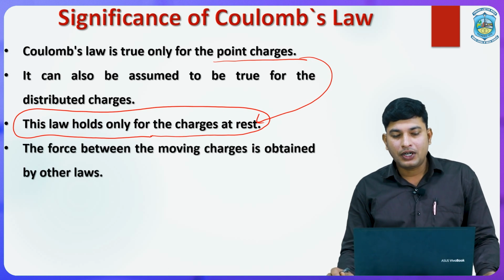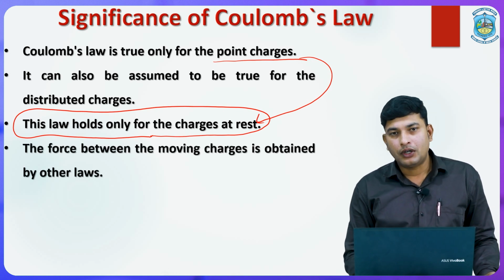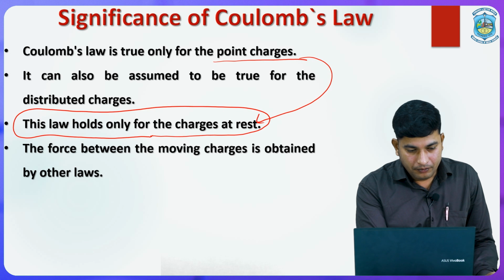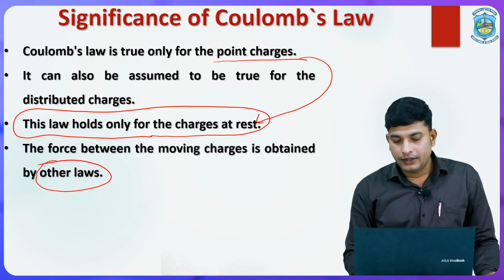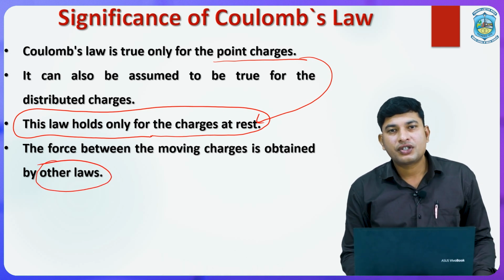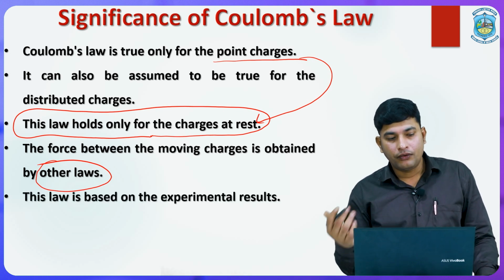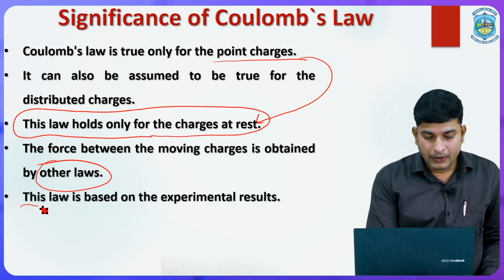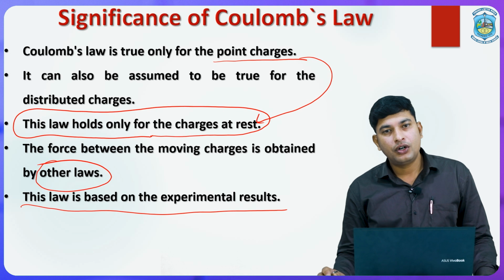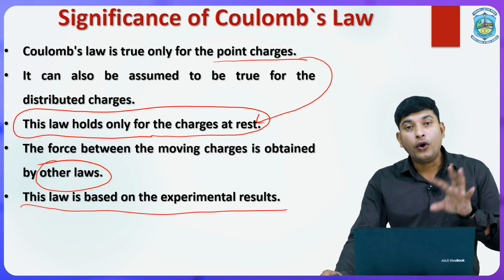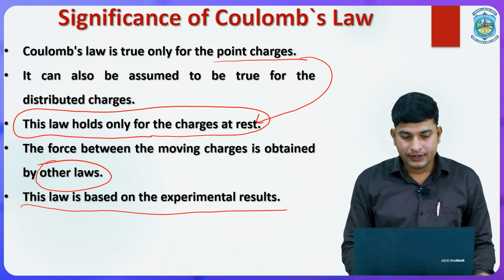The force between moving charges is obtained by other laws. Some other laws have been defined by other scientists; for example, nuclear forces are there, some other bonding forces are there. So multiple laws define that. This law is based on the experimental results which we have discussed already. Coulomb with his own experiment proved all these things.